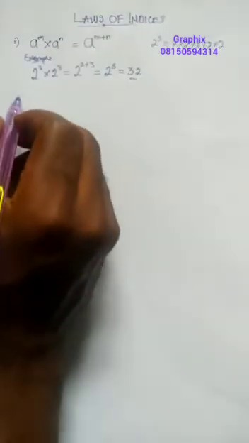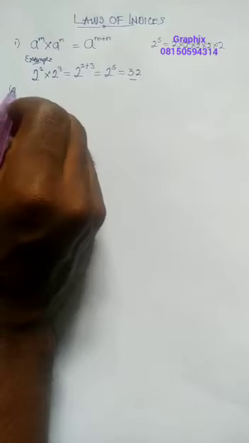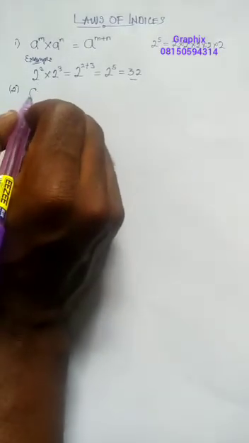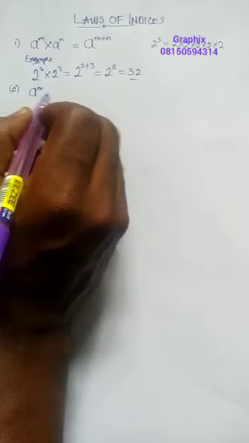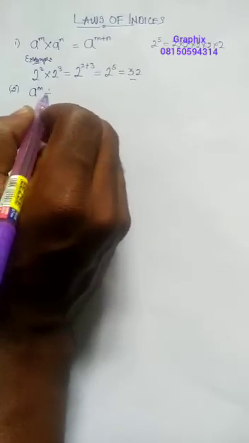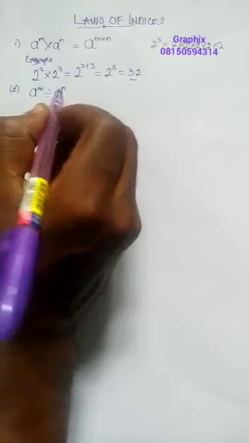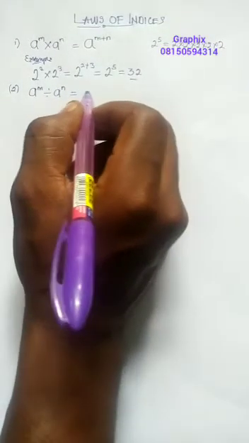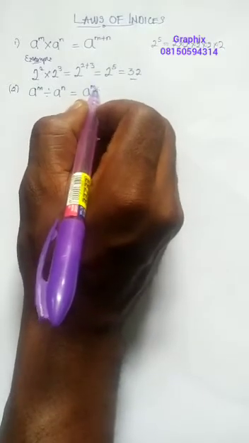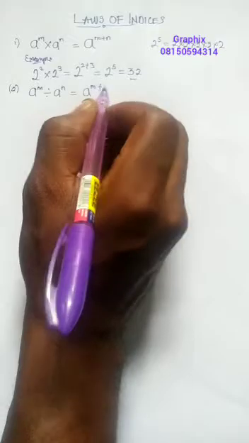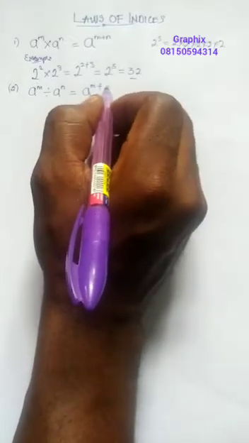Now law 2 says if I have the same base dividing each other, I'm going to subtract the powers, so it will be a raised to the power m minus n.